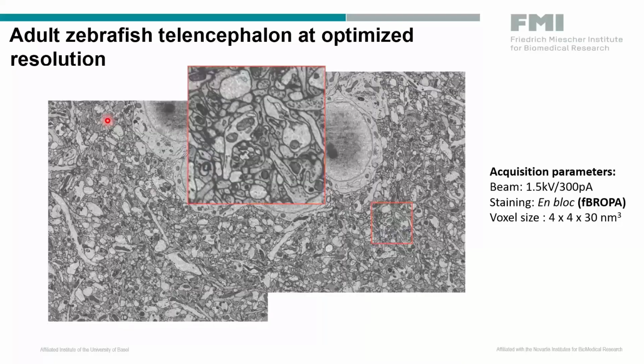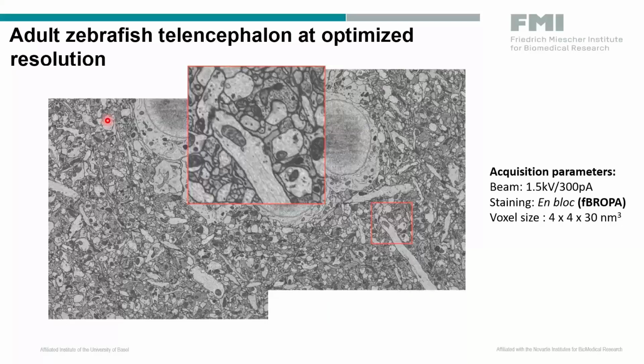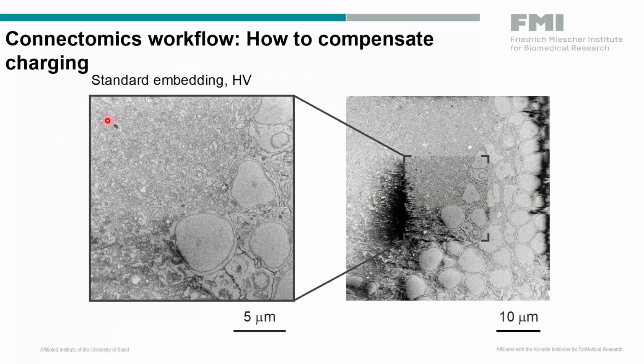And this brings me to the next step. Sometimes you may have the best protocol, you have a wonderful contrast, but still you have some charging issue. And now it brings me to the part where you could compensate for charging.